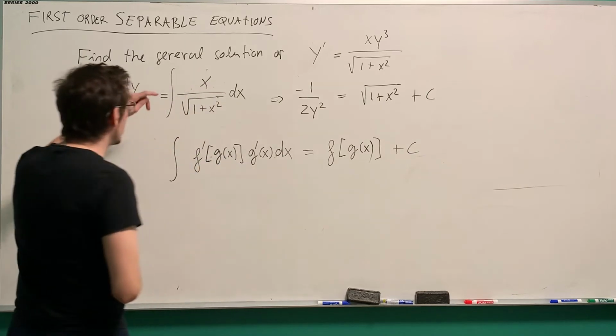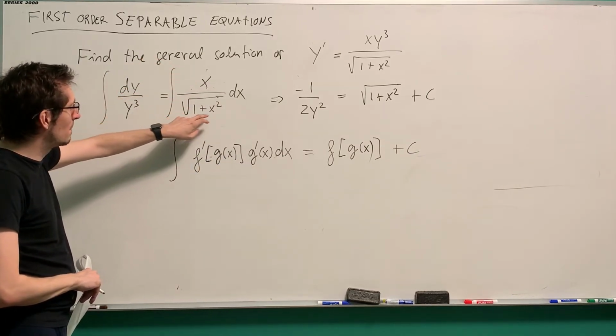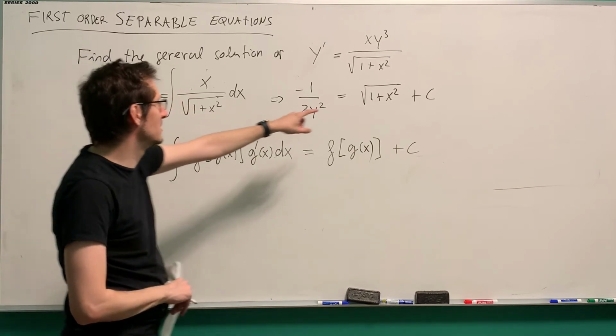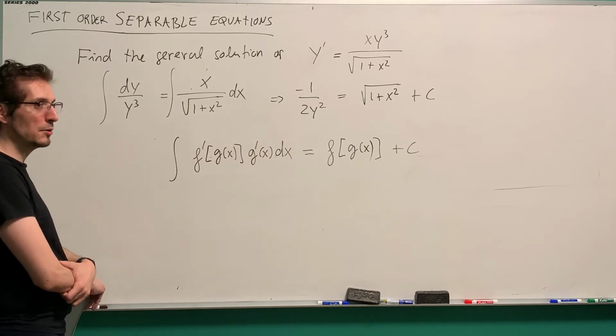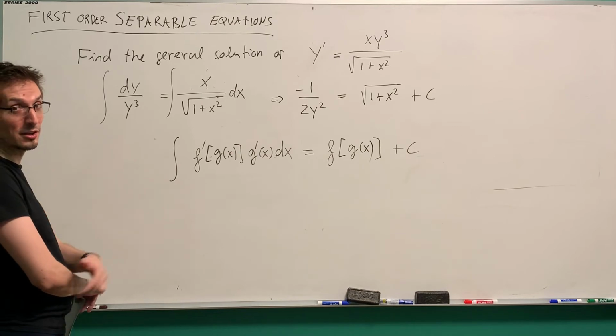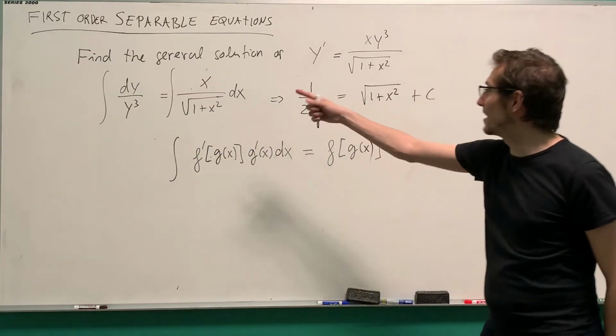And you can tell that x over the root of 1 plus x squared is precisely the derivative of this guy here. So this is one of those cases. Go back to your integration, and if you don't remember, please make sure that you do. Anyway, you can quickly check that that's the case.